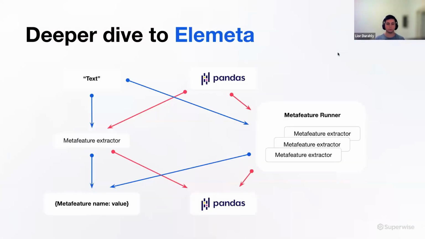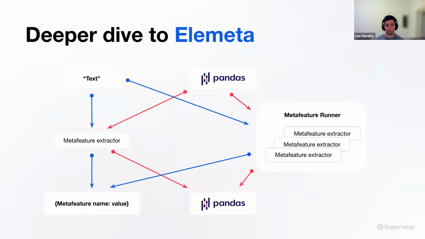Okay, so this is a summary of what we saw. We can give it a text or a pandas data frame, and we are able to use every meta feature as a standalone function.